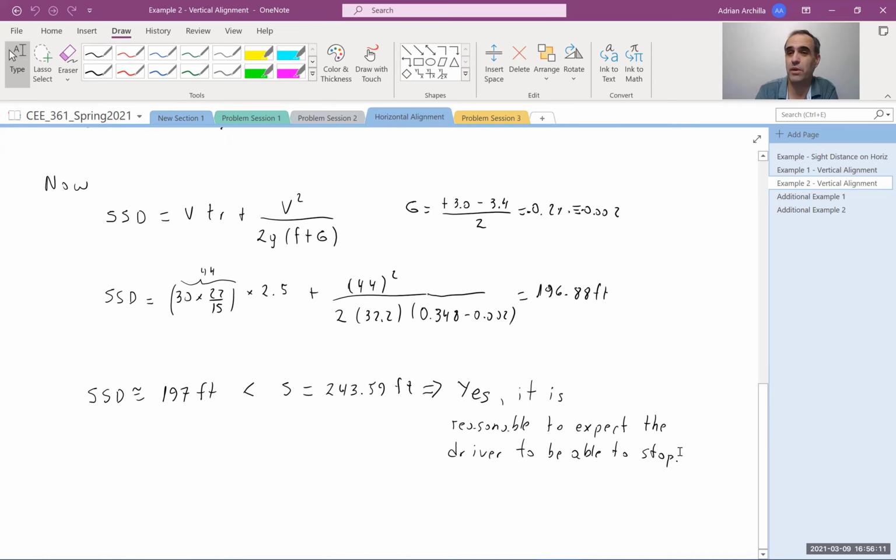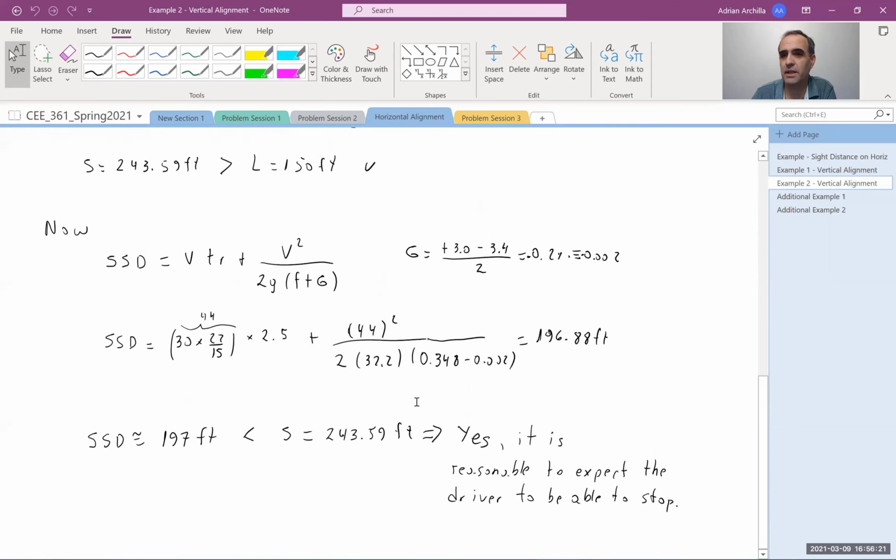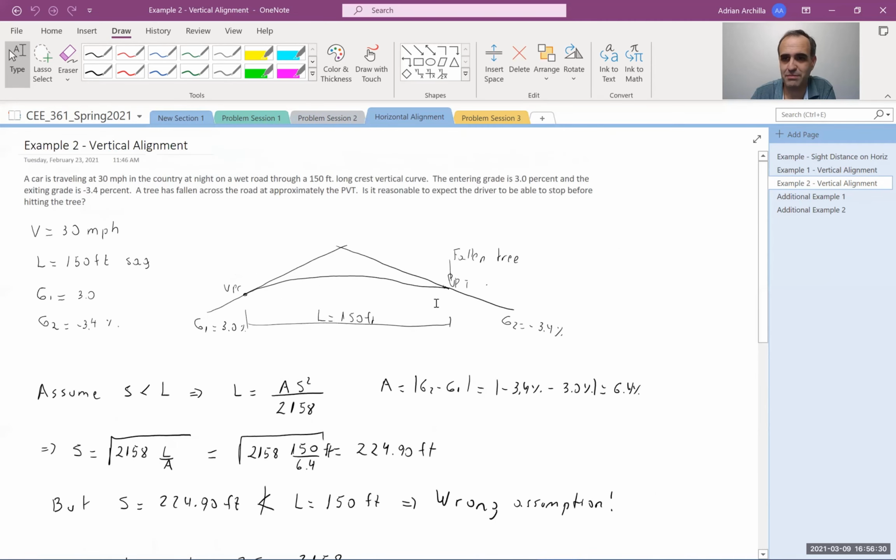For the sag, it was the opposite conclusion. Any questions about that? That's why you have to check every problem, because you cannot guess it from your sketch here.